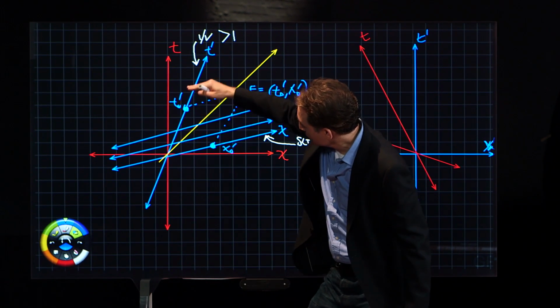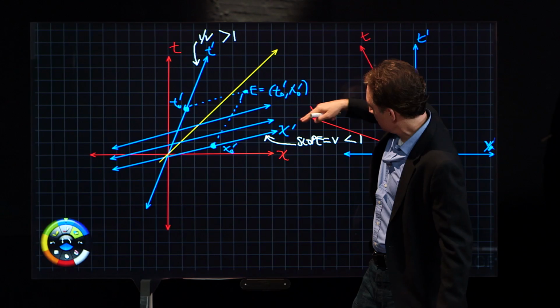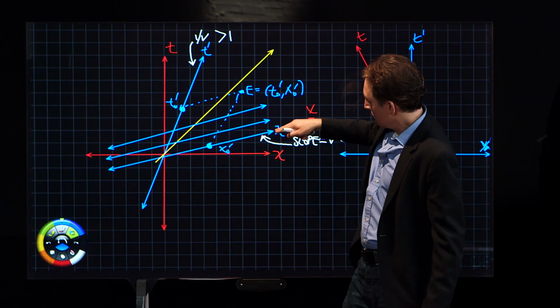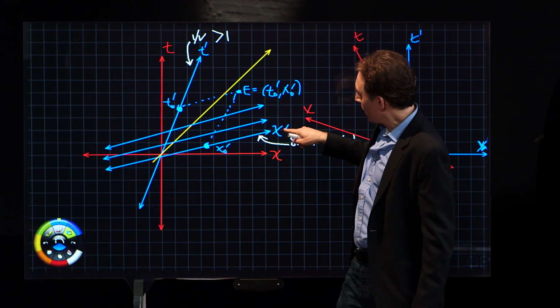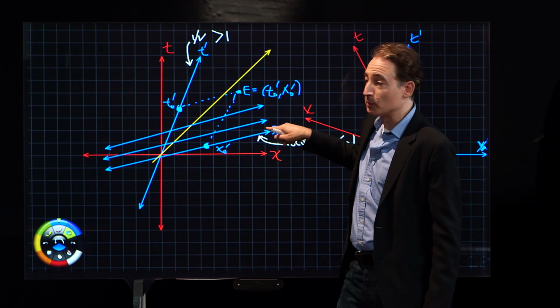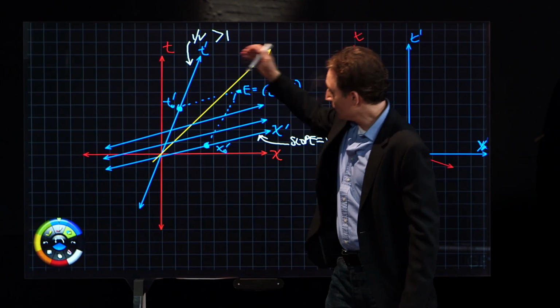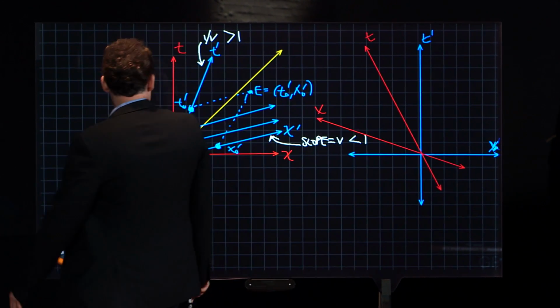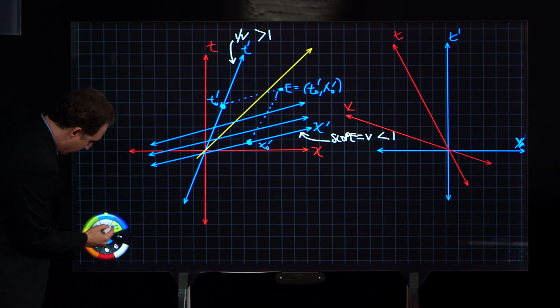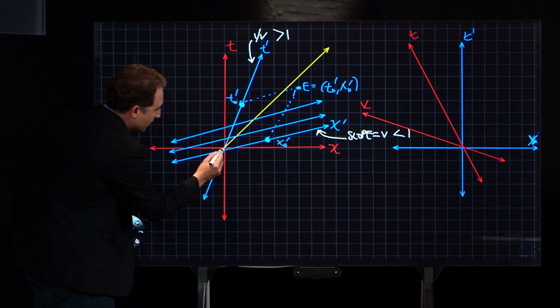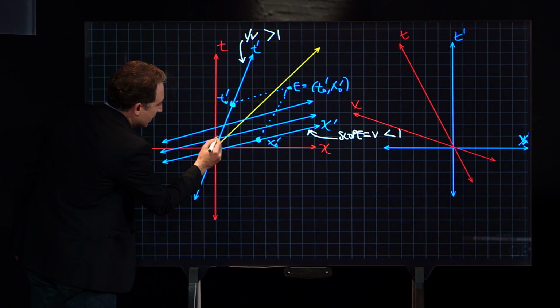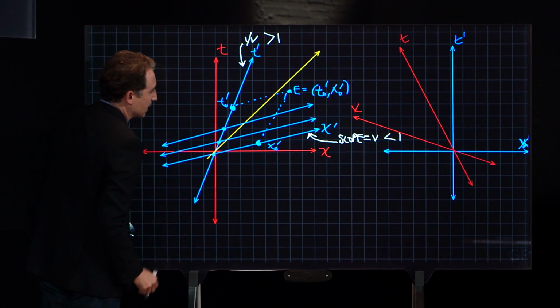So a movie version of this would show this axis, which is all of space at one moment of time from the perspective of the moving frame, moving in the way that we've indicated here. So this then would be, say, the origin at one moment in time, the origin at the next moment, the origin at the next moment, and so on.